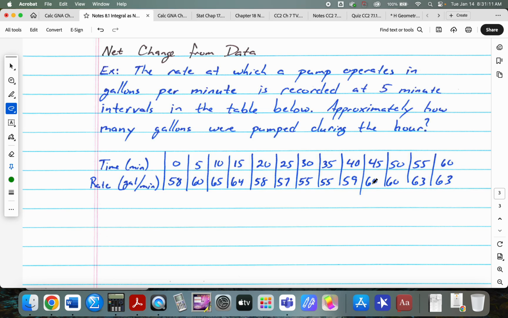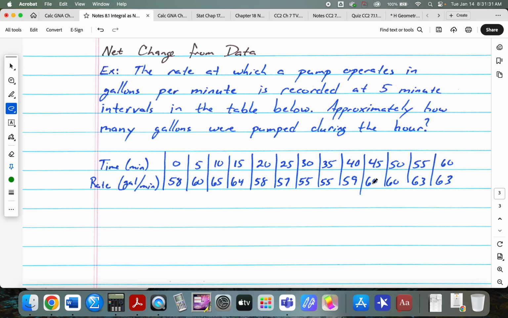If it's on the AP exam, they're going to specify how you should calculate that. Because on this, we could do a left Riemann sum, a right Riemann sum, or a midpoint Riemann sum. We could also do a trapezoidal approximation.